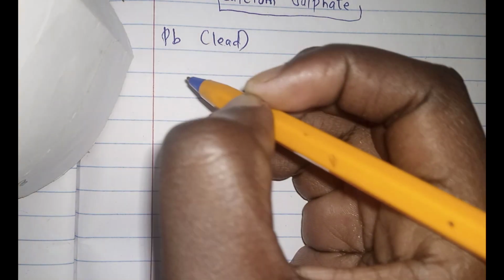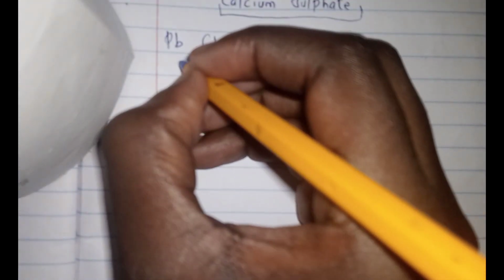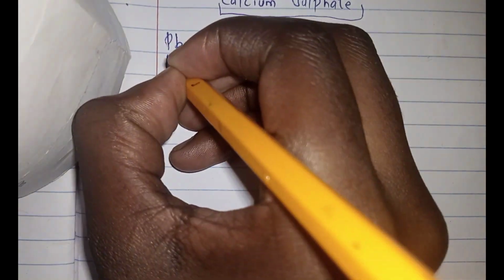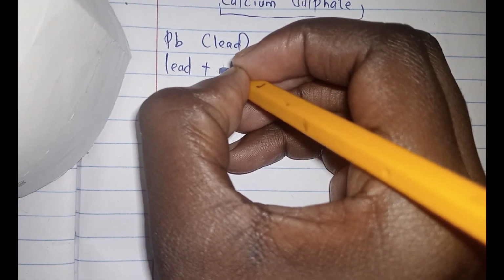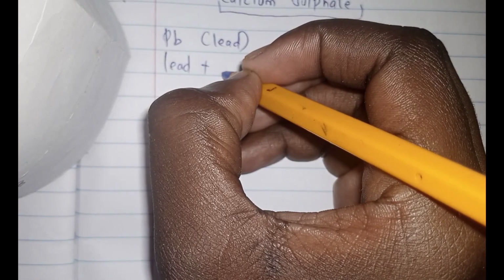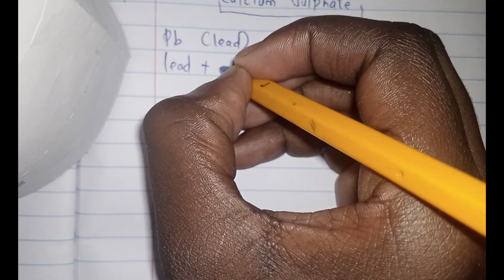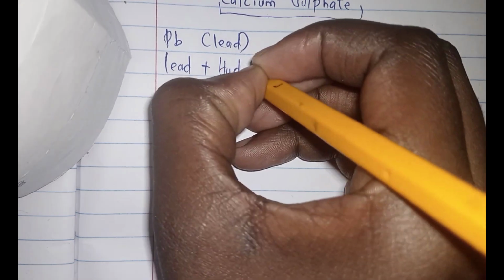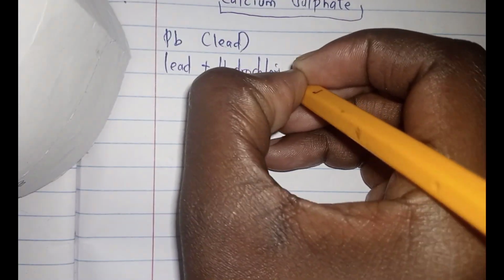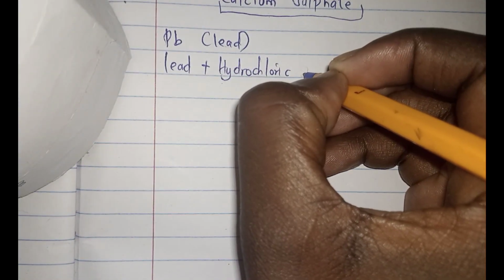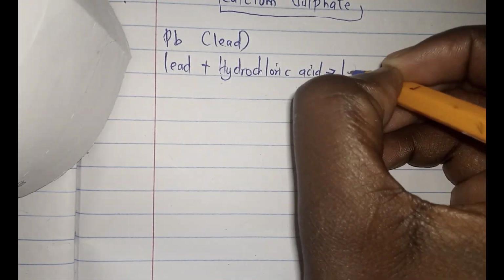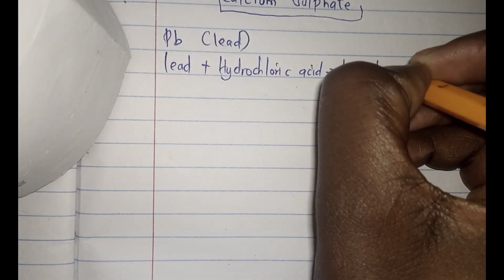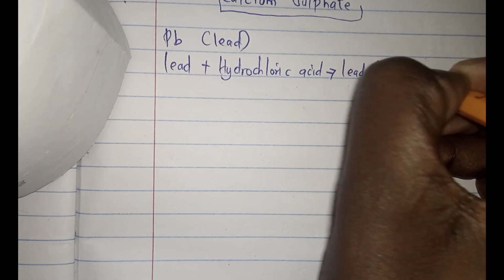So if I am reacting lead plus hydrochloric acid, the salt that will be formed is lead chloride plus hydrogen gas.